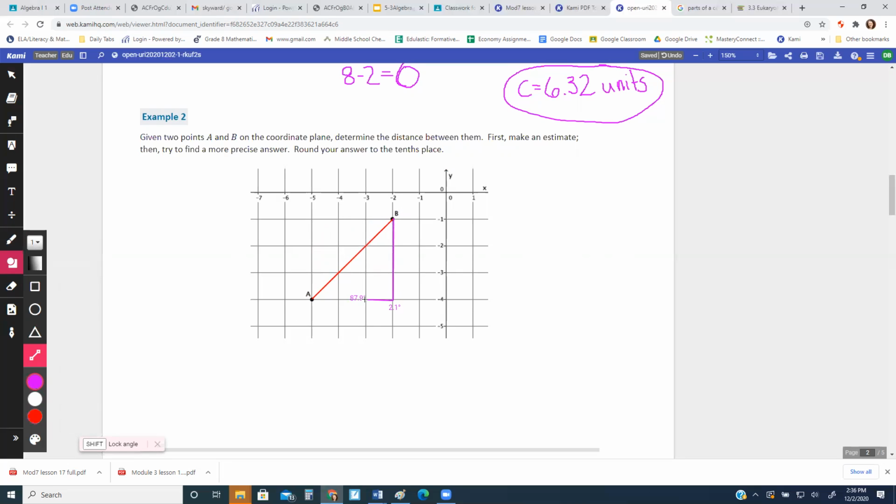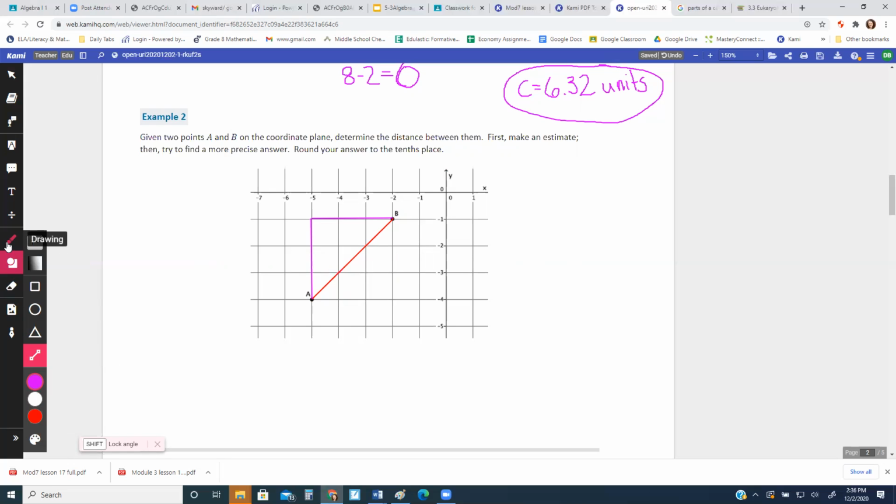Now, would I get a different answer if I went up and over instead? Nope, I would not. Let's go up and over instead. I'm going to get the same answer no matter how, because it's going to be the same horizontal distance and the same vertical distance. It's just how the triangle is oriented.